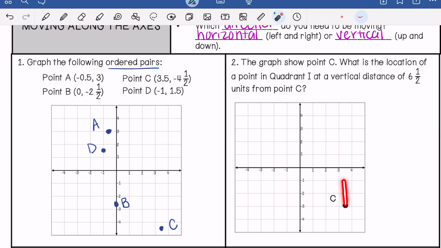So 1, 2, 3, 4, 5, 6.5 right here. And the location of this is 3.5, 3.5.